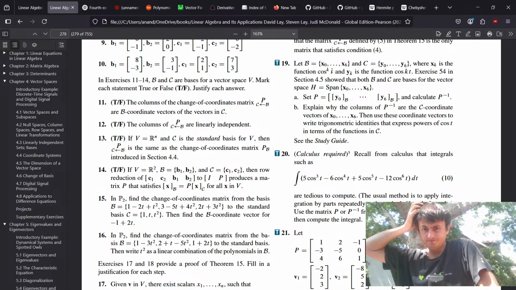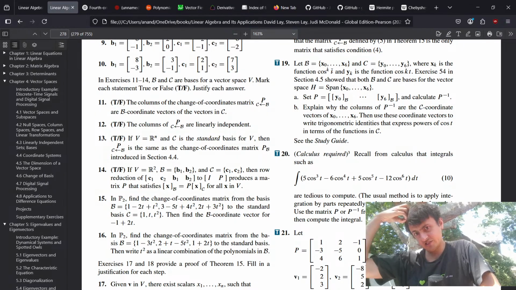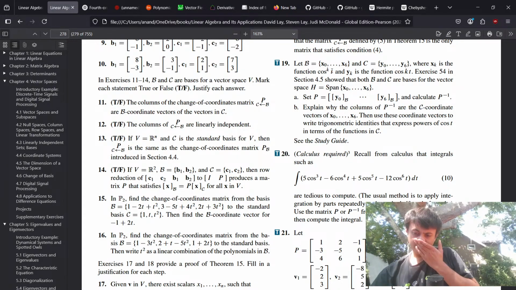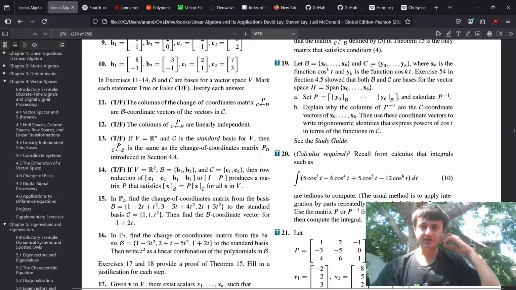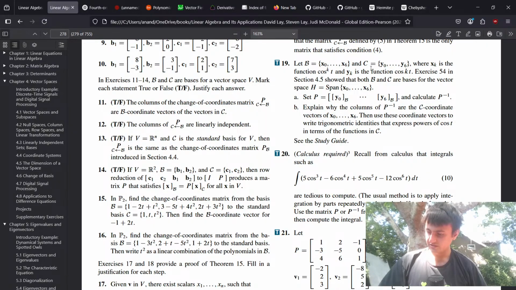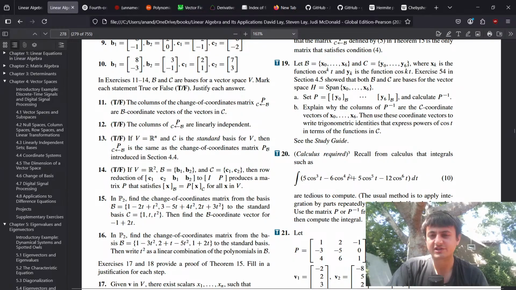Because P is the change of basis from C to B. So then P inverse is equal to the B to C. All right, so we just need to multiply this by xb, and we get x in terms of c, and then we can compute the integral really easily. So let's do this.